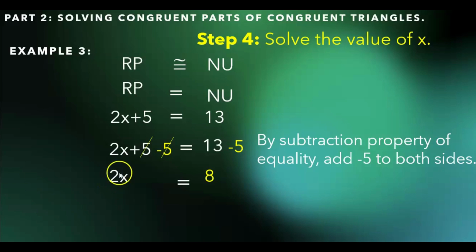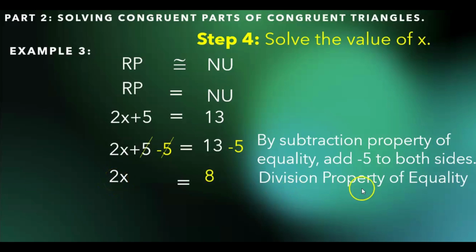remove it para mawala po si 2. Ang gagawin po natin ay division property of equality. Divide po natin sa 2 yung magkabilang sides. Kung ano po yung pinang-divide dito sa left side, iyon din po yung pang-divide natin sa right side.